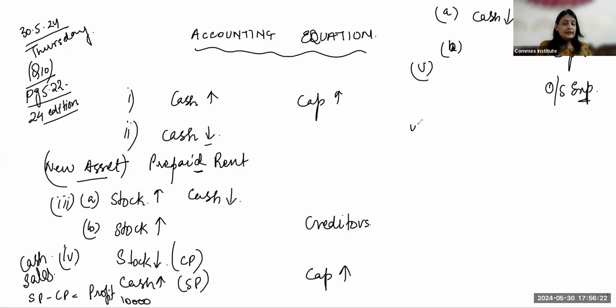Then moving on to the last transaction, 6, bought motorcycle for personal use. So it is drawings. So capital will reduce because of these drawings. And also the cash will decrease because we have withdrawn cash and bought a motorcycle. Now, the motorcycle will not be shown on the asset side. Why? Because it is a personal asset.